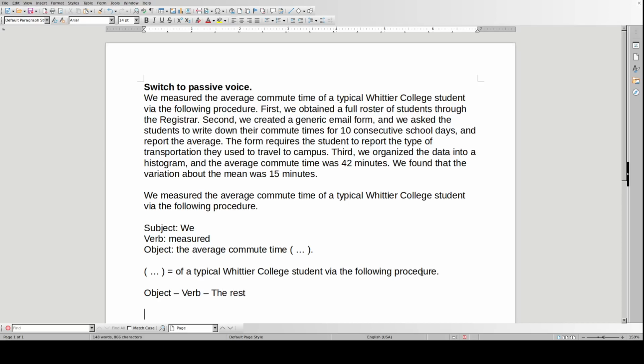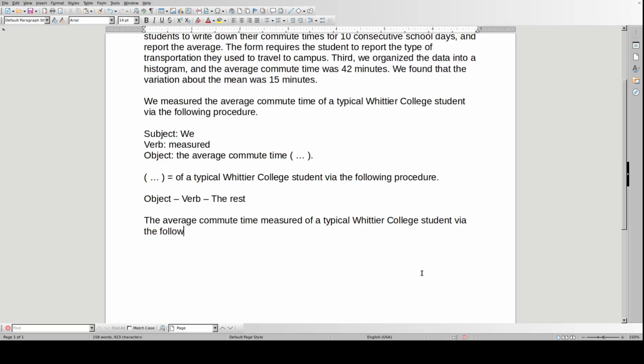So if we want to place the object first, the object is the average commute time, and the verb then will be measured, and then the parenthetical rest of the sentence will go of a typical Whittier College student via the following procedure.